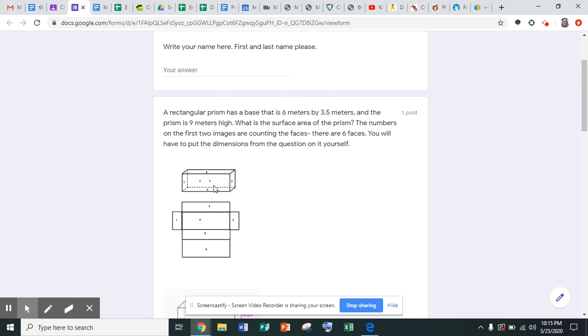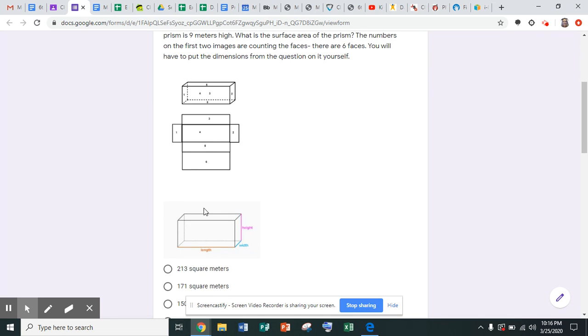Then the 4 is the base, it looks like, and 6 is here, because that's the front. So you have a top, a bottom, a front, a back, and 2 sides.